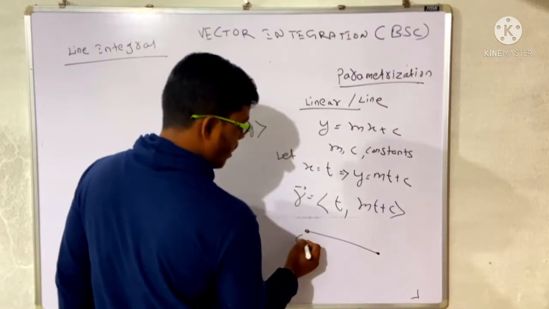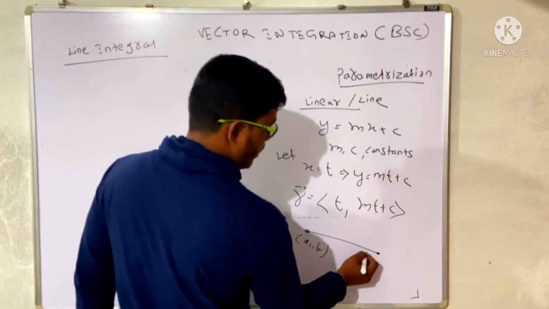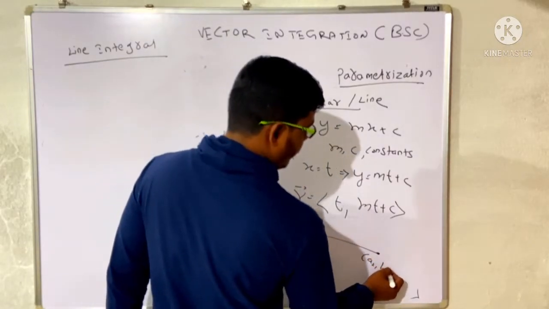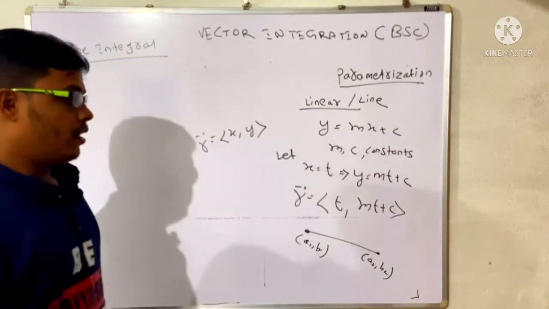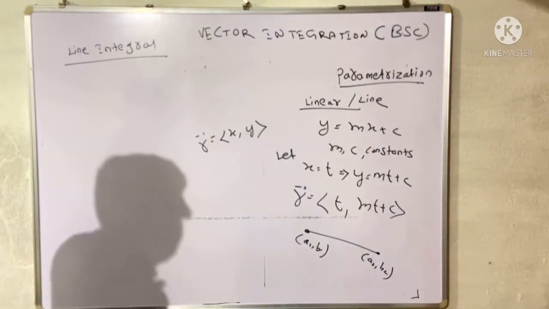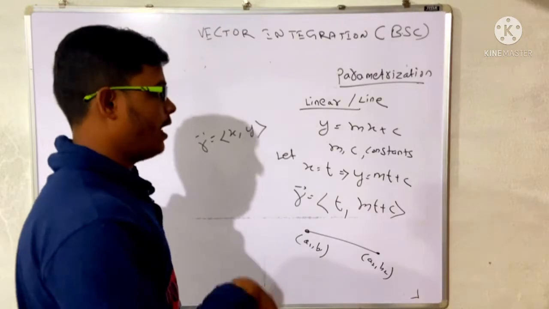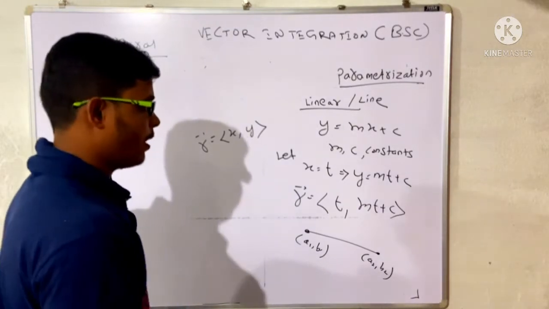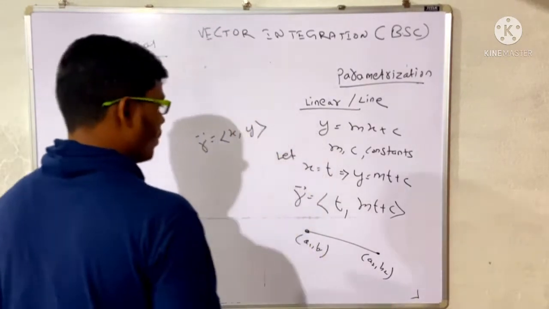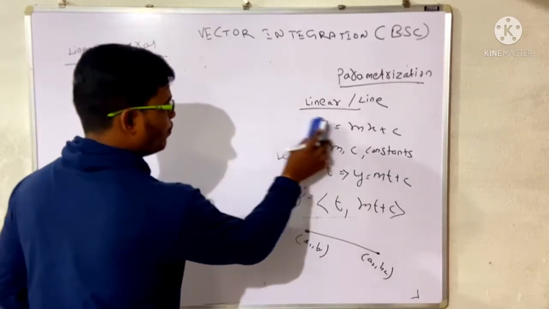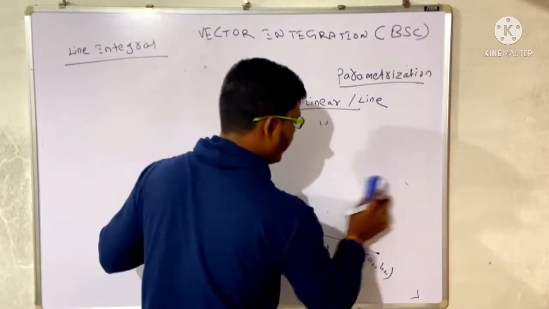That is the point A1 B1 and the point A2 B2. Then you can find out using this parameterization. So this is the linear parameterization, how to parameterize a line. If 2 points are also given to you, so this is one technique.